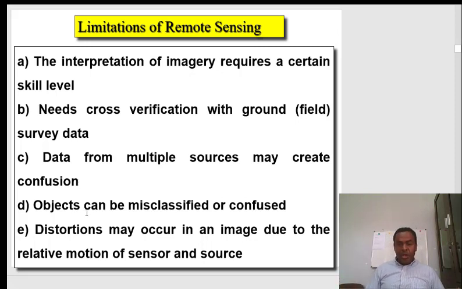Okay, objects, because of different reasons, can be misclassified or confused, and distortion may occur due to relative motion of sensors. These sensors could be mounted on aircraft, on satellites, or on drones. So the relative motion of the sensor and the source could create some kind of distortion.